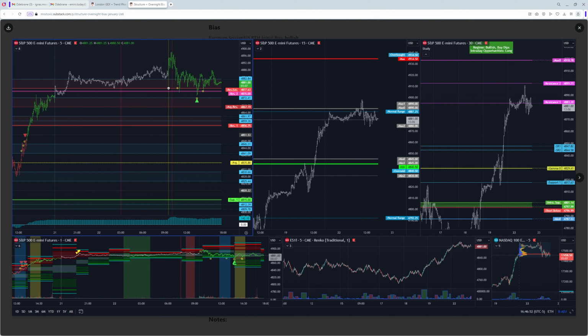Like 1, 2. So this was your stop. You entered here. This is 11, somewhere here, right? Or somewhere here, something like this, right? Oh no, half of this is so 9, 10, 11. So 11 is here. So this is 11. Right, so this is how you can backtest this.